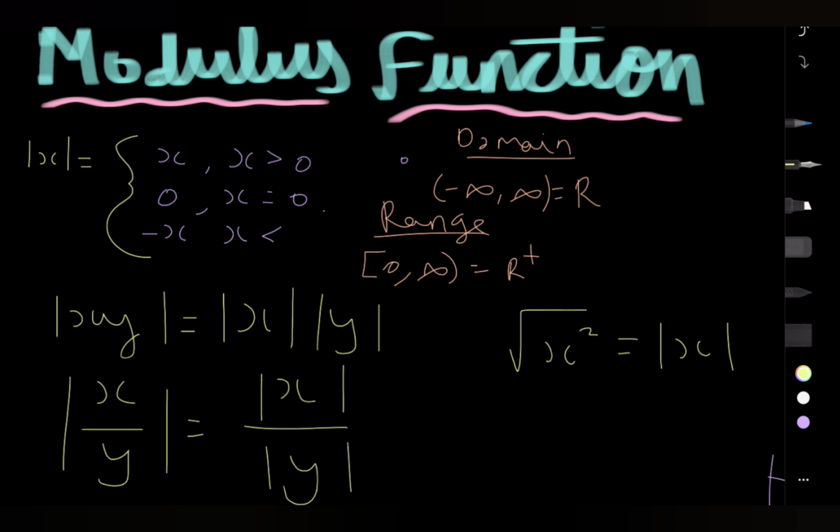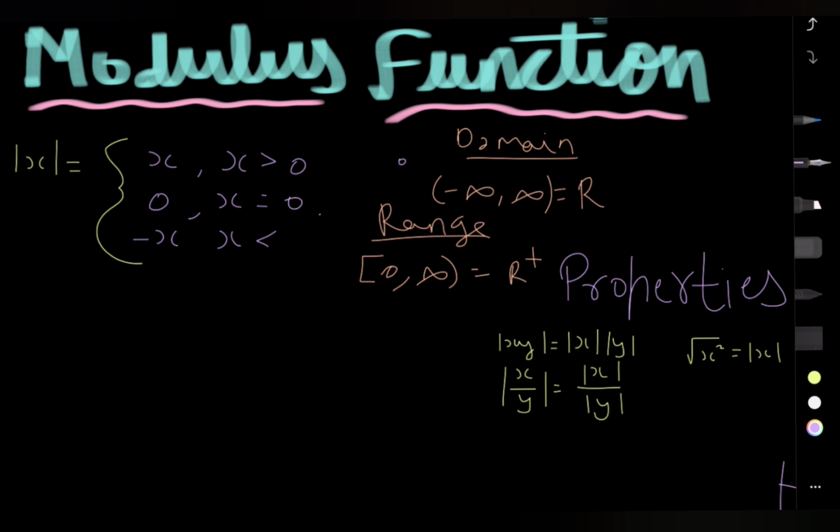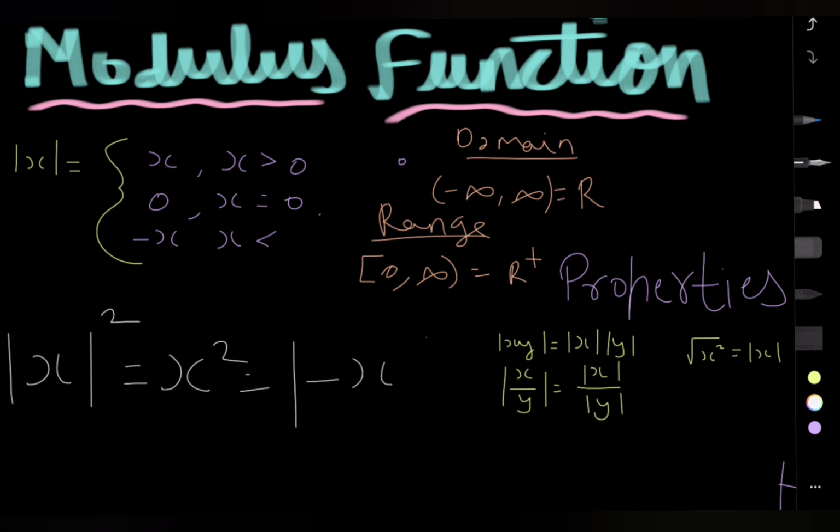Next, one most important property of modulus we will be learning now. That property is mod of x whole square, which is equal to x square, and which is equal to mod of minus x whole square.